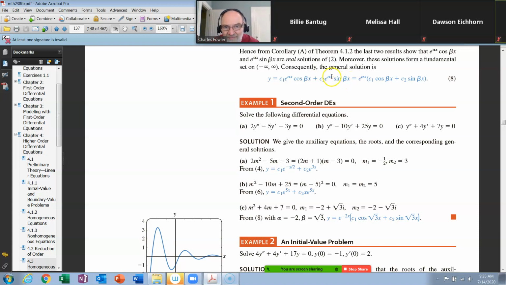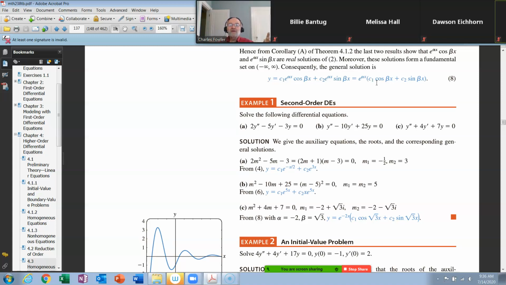Well, they both have an e to the alpha x in them. Pull that to the outside, and you have then c1 cosine beta x plus c2 sine beta x. No more imaginary parts, none whatsoever. You just have to remember what the alpha is and what the beta is. It comes out of the solves pretty nicely.